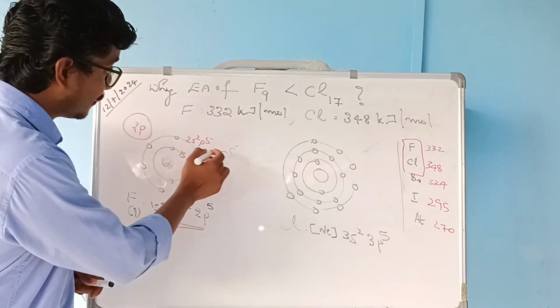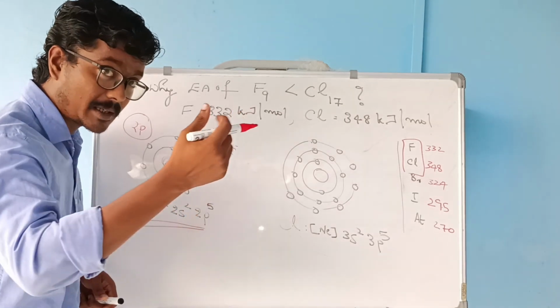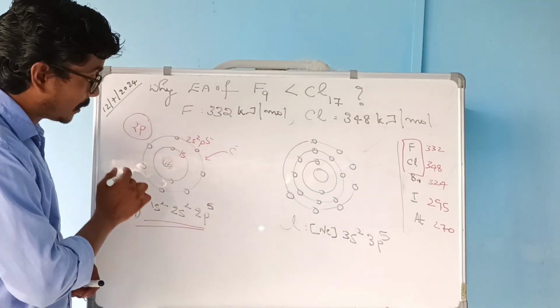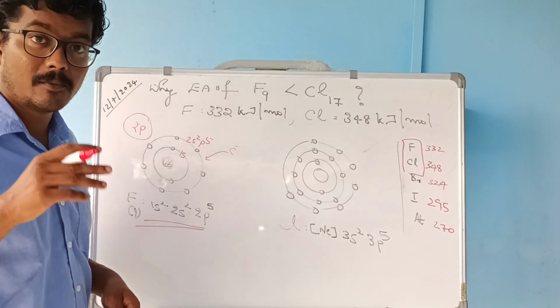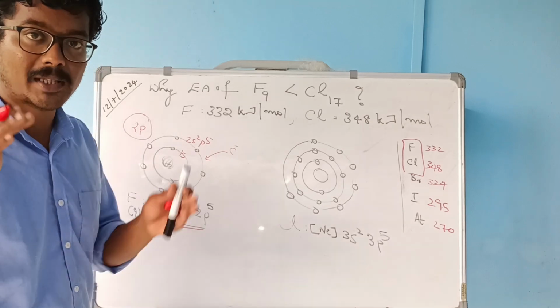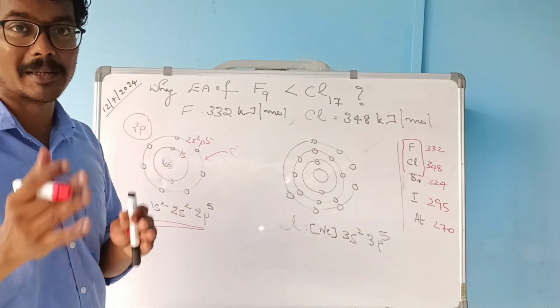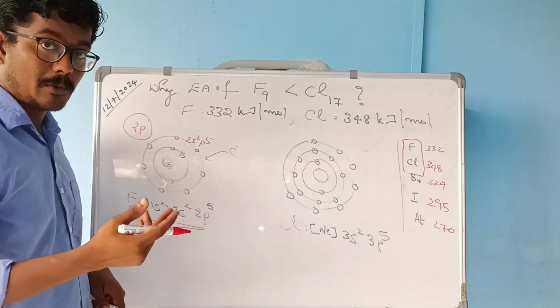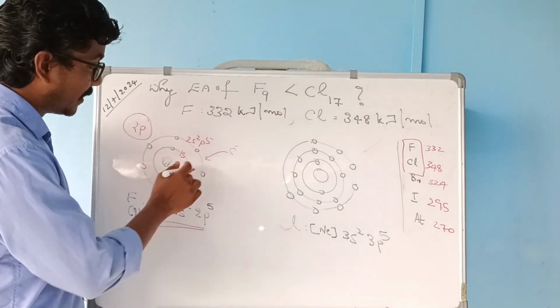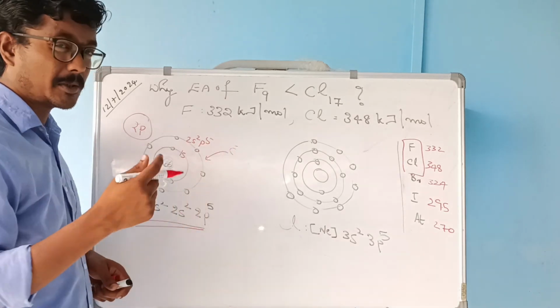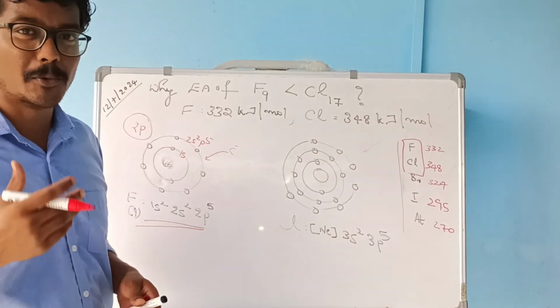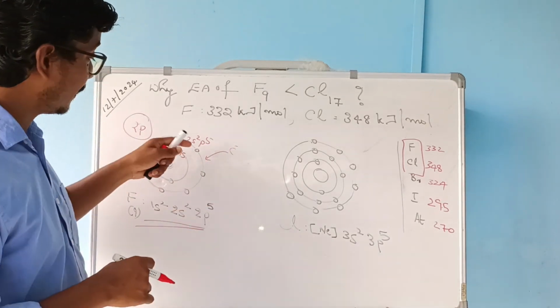But when a negatively charged electron comes closer to the fluorine atom, there are already existing electrons. It will force the electron to repel apart due to like charges, electron repulsion. Also, due to the very small size of the 2p sublevel, this incoming electron does not have a possible position to occupy in the valence shell.